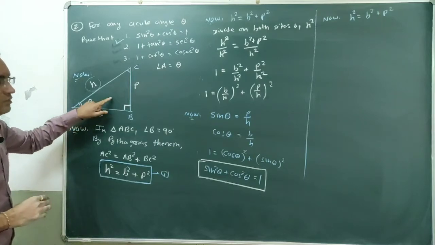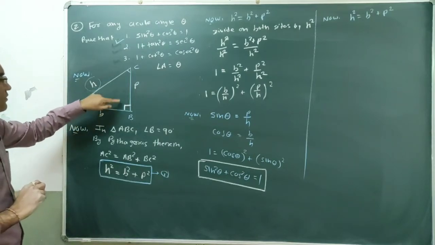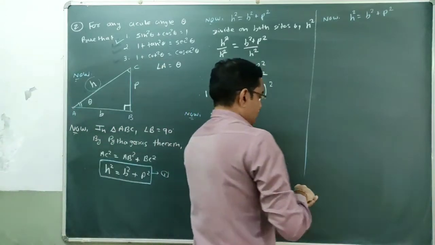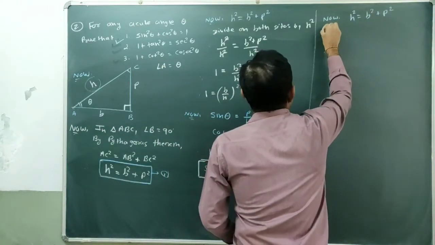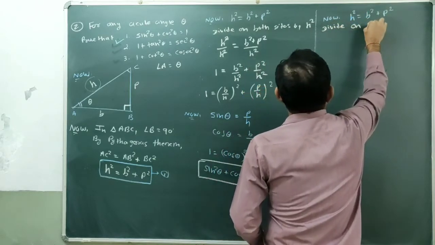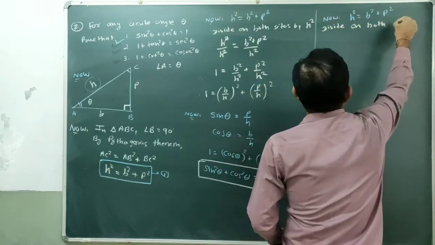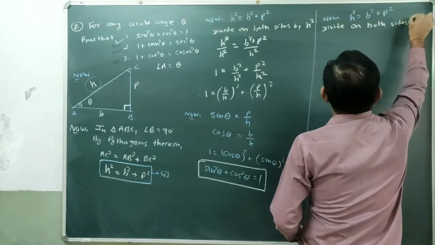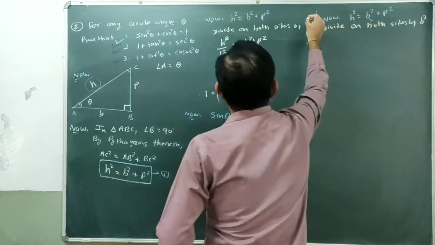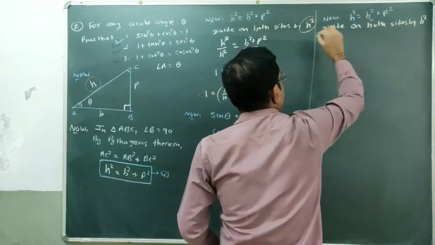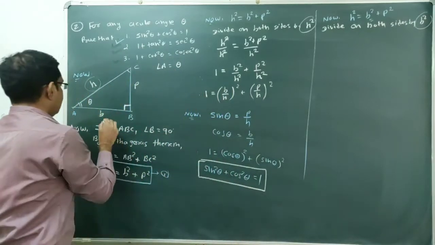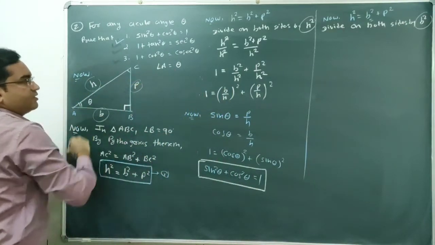Now dividing this equation on both sides by b square. First we divided on both sides by h square. Now we are dividing the equation on both sides by b square using the second side. Done? Then we will use the third side.